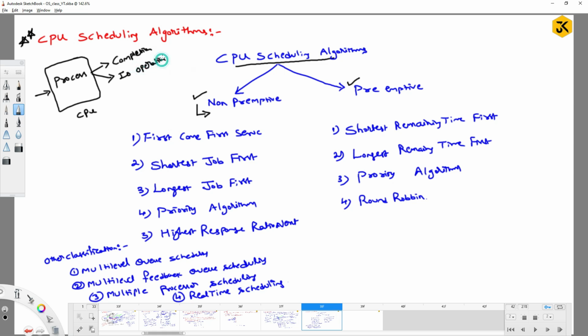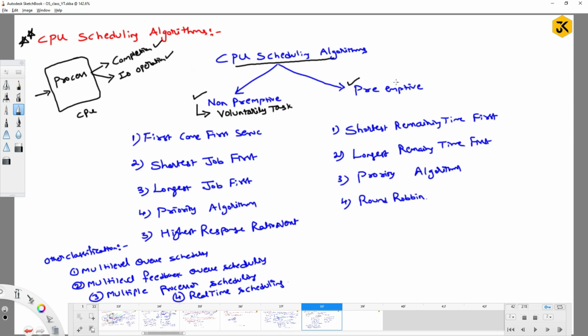These are the only two ways it comes out of the CPU, and in all other cases it stays in the CPU to perform its task. Non-preemptive means a process will voluntarily perform its task and voluntarily come out of the CPU, or voluntarily come out of the CPU to perform its IO operation. We can call it a non-preemptive process.